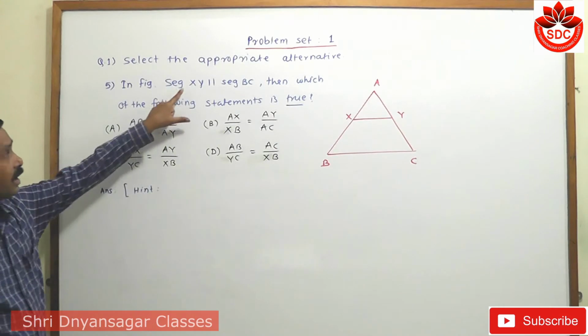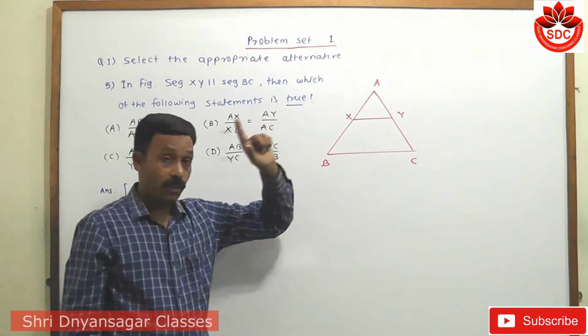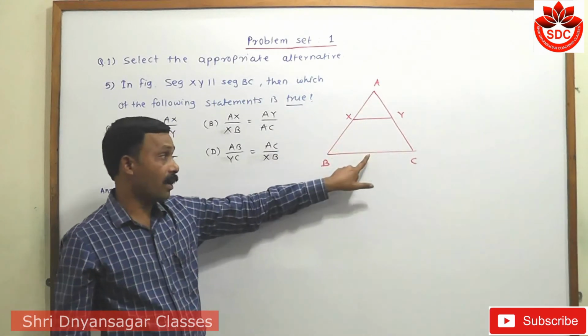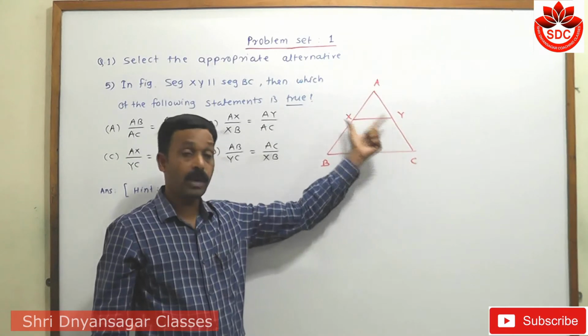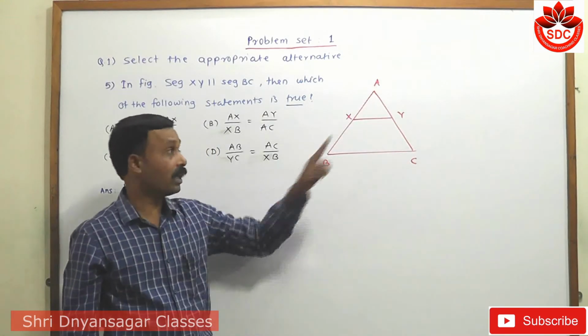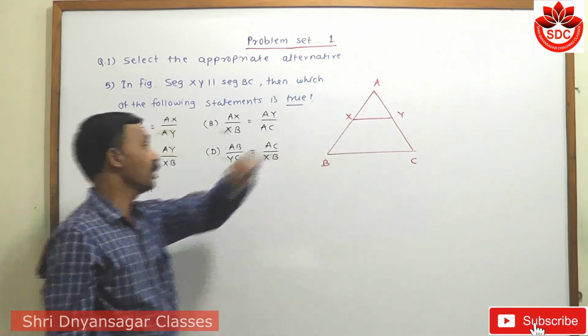Now in this triangle, this segment XY is parallel with segment BC. If any segment is parallel to a side and intersects the remaining two sides in two distinct points, then by using the basic proportionality theorem we can solve this example. So we take the basic proportionality theorem for this triangle.